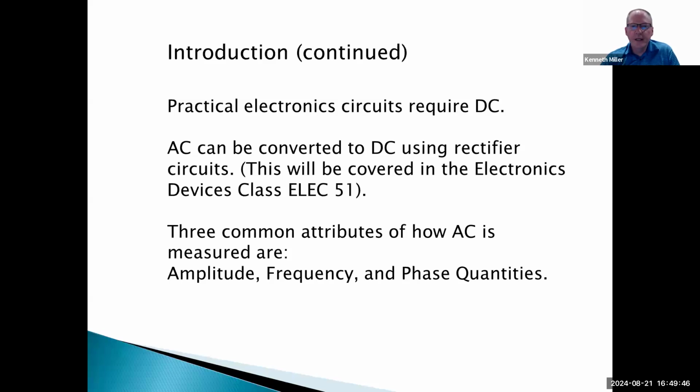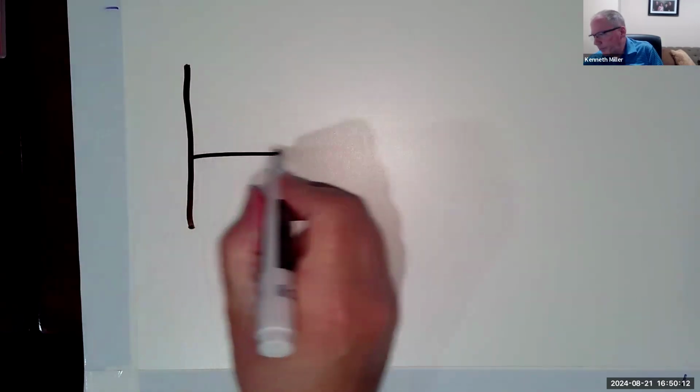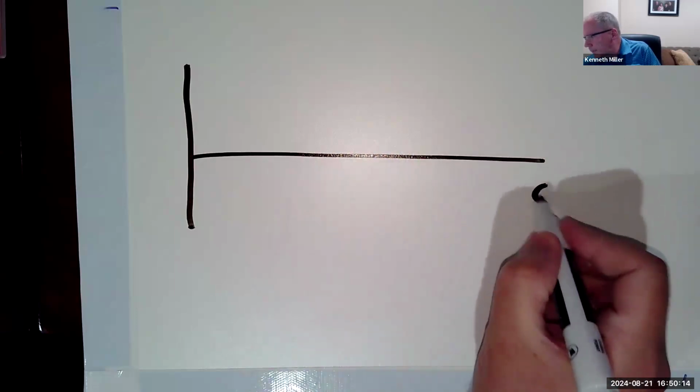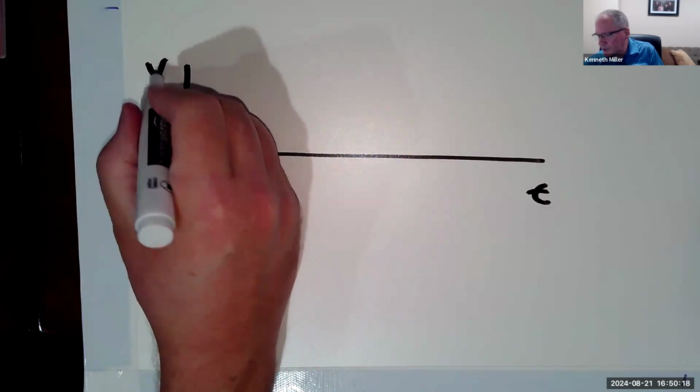All right. So let's kind of back up a little bit, and I'm going to switch my camera here real quick. Hopefully you can see this screen here. If we have a sine wave, so let's just say here's our time, remember, that's our horizontal axis, and then here's our voltage.